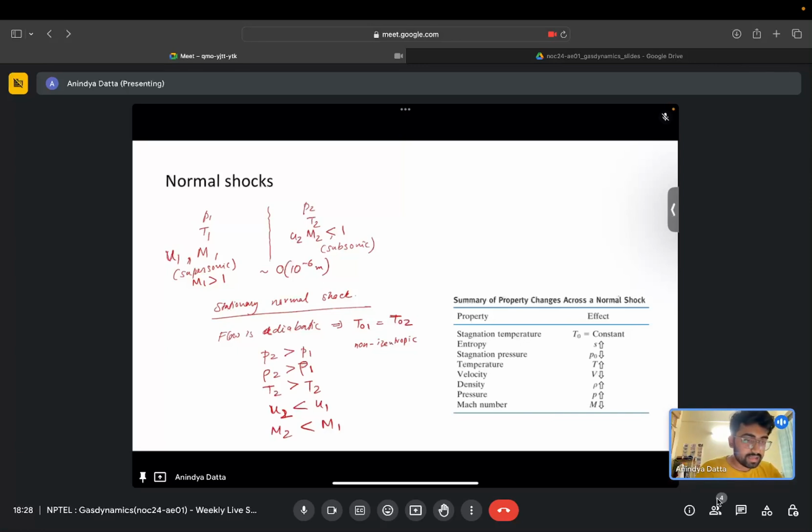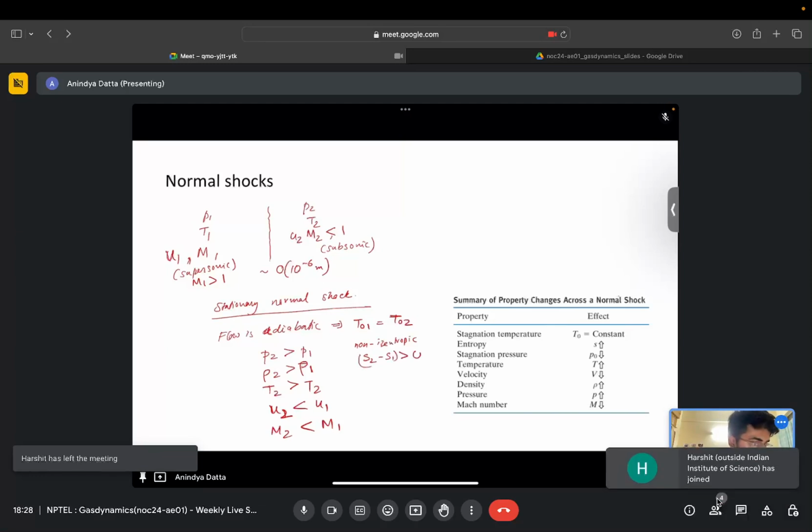Since here the flow is adiabatic, there is no entropy change because of heat transfer. The only entropy change that can occur is because of irreversibilities or losses in the flow. That's why the entropy change is always positive, so S2 minus S1 is greater than 0.